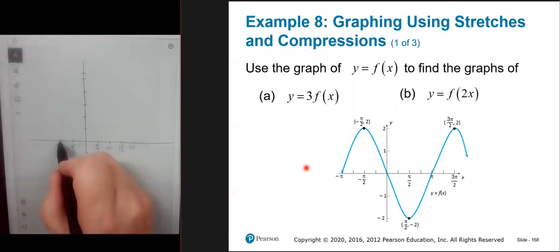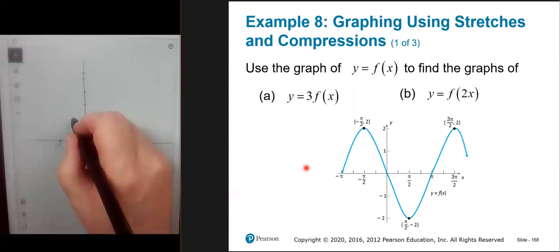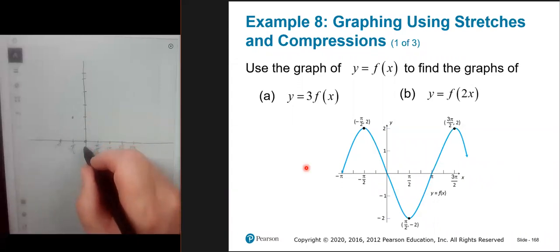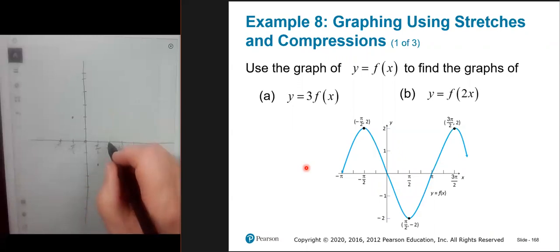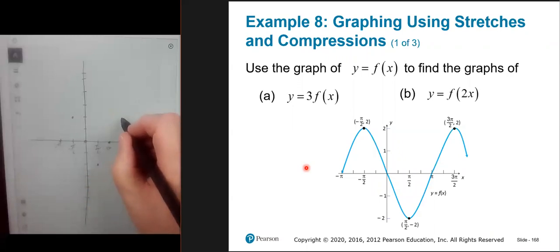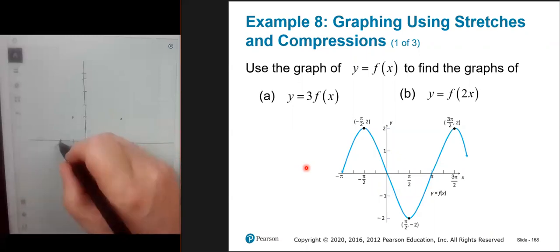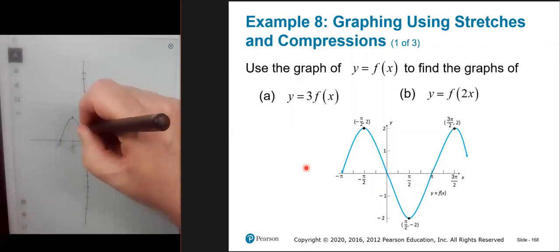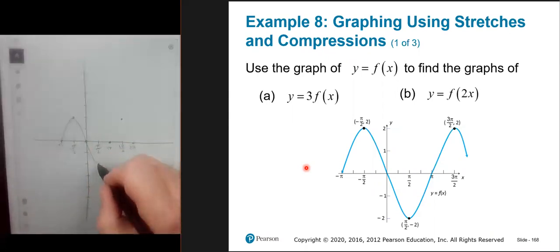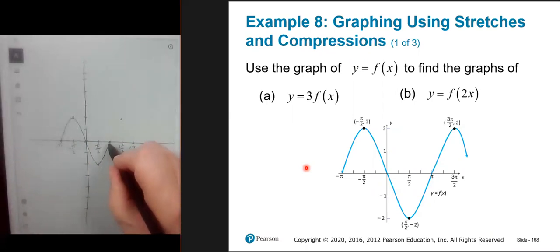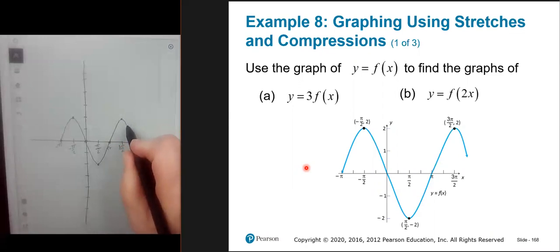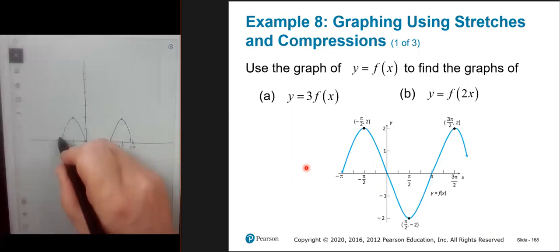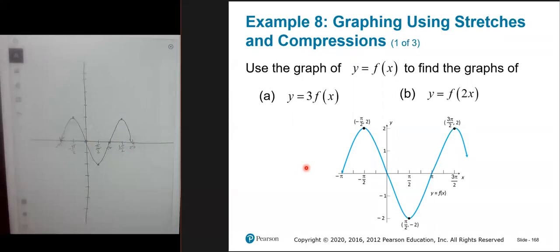And so here it's 0, here it's at 2, here it's at 0, here it's at negative 2, here it's at 0, here it's at 2, and it comes back to 0. So just drawing the same thing, quick and easy. It's just a little time consuming. Okay. And so there's that function.